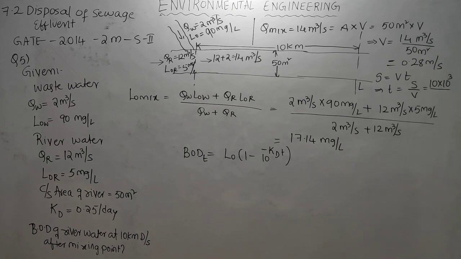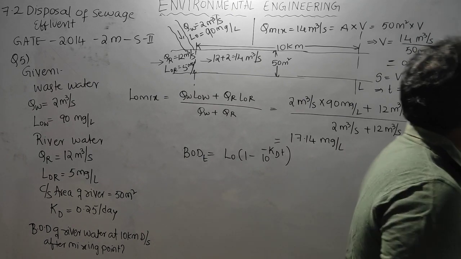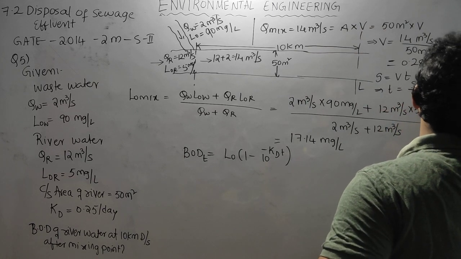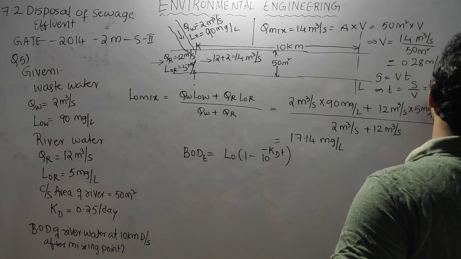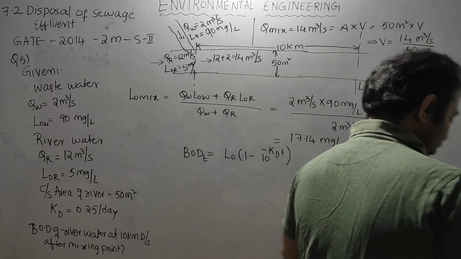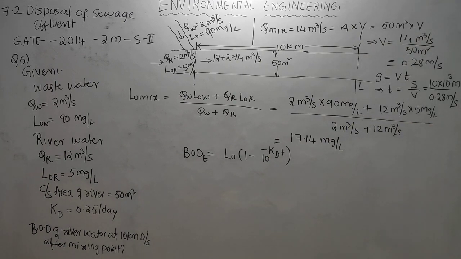So time is equal to 10 into 10 to the power of 3 meter, that is 10 to the power of 4 meter, by 0.28 meter per second. This is in seconds actually, so T is 35714.28 seconds.